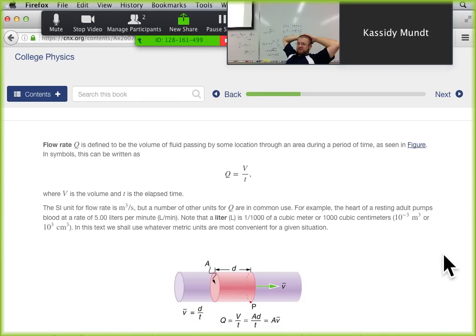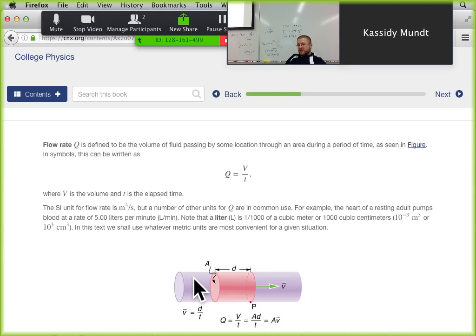This is a definition, kind of like, you can think of it kind of like velocity, but instead of meters over time, instead of distance over time, this is volume over time. So this is telling us how fast a volume of water moves through a particular place, right? So here's an example.